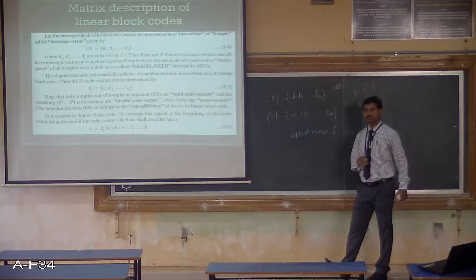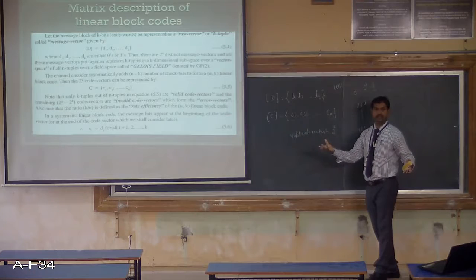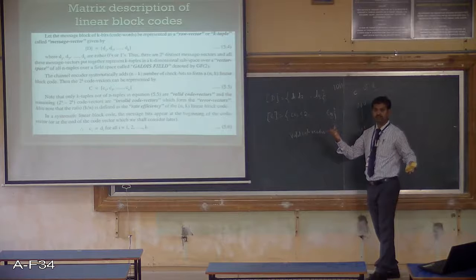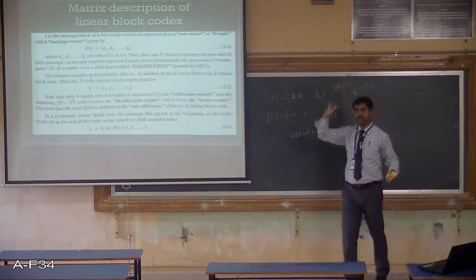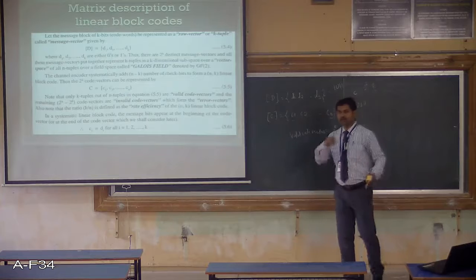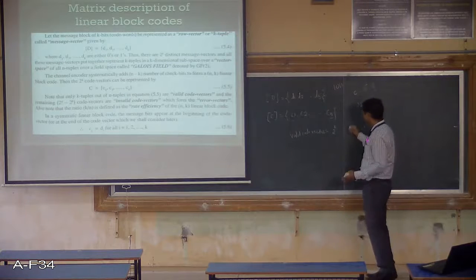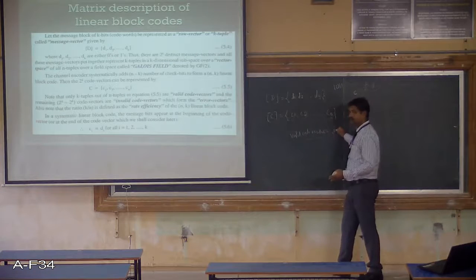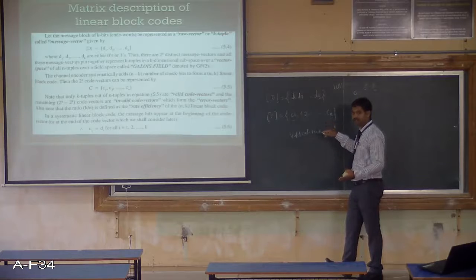Those are the valid code vectors. What are the invalid code vectors? The length of the coding sequence may be anything. It may be 8, then 2 to the power of 8 codes are available, but not all are valid. So the valid code vectors are 2 to the power of k. What are the invalid code vectors?